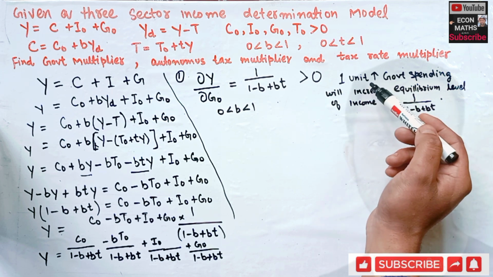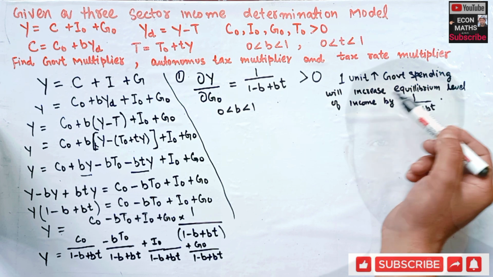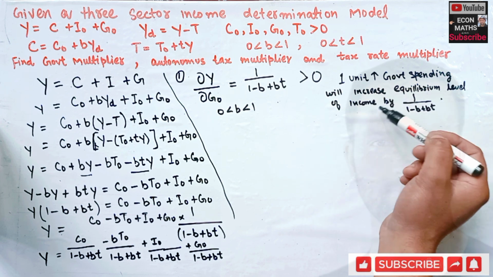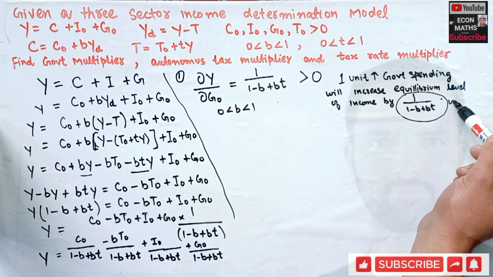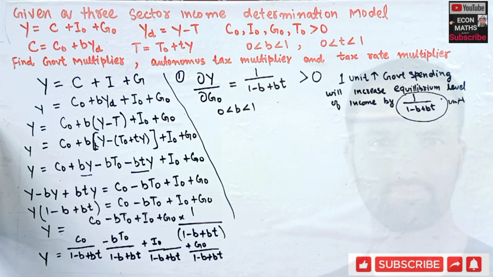So if there is a 1 unit increase in government spending, the equilibrium level of income will increase by that many units, which is our government expenditure multiplier.